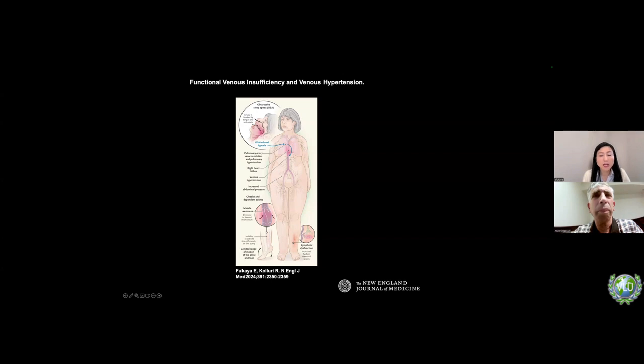So again, these are things where it's problems that are not anatomical, but can increase venous pressures. A very big one that we see all the time is something that increases central venous pressures. So that could be due to heart failure. If you have especially right-sided heart failure, that can increase venous pressures.